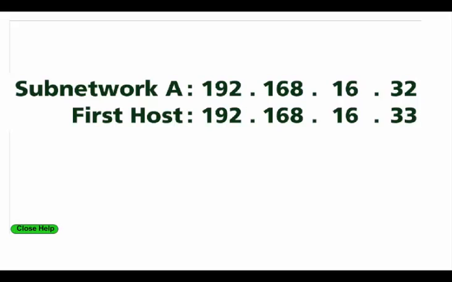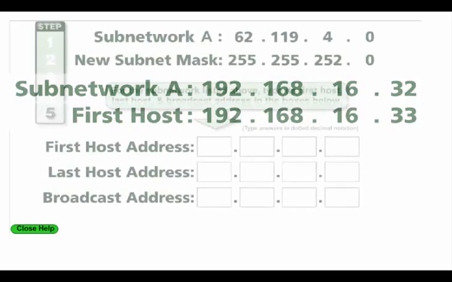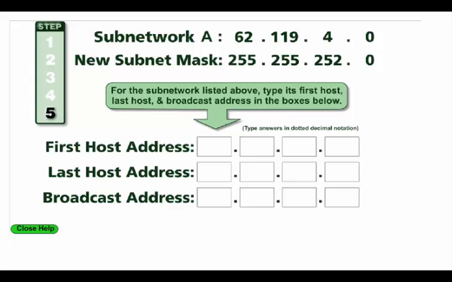Notice the rule holds true. The first host address is always 1 greater than the subnetwork address. For our current on-screen example, subnetwork A's subnetwork address is 62.119.4.0, so its first host address is 62.119.4.1.